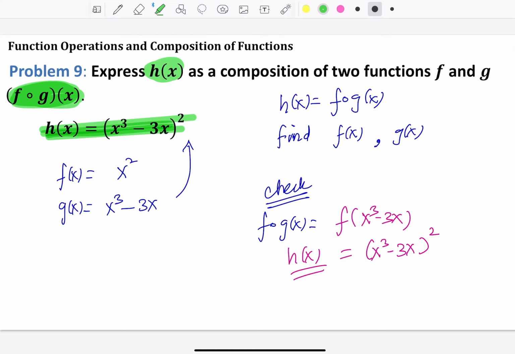So in this case, we can say our two functions that were used to get this new composite function: f of x is x squared, g of x is x to the third minus 3x. You cannot reverse the order. You cannot switch f of x and g of x because that would not give you the same composite function if you switch which function is f of x and which function is g of x.